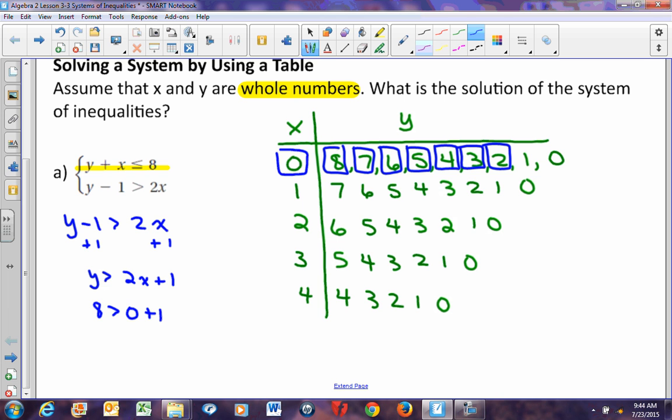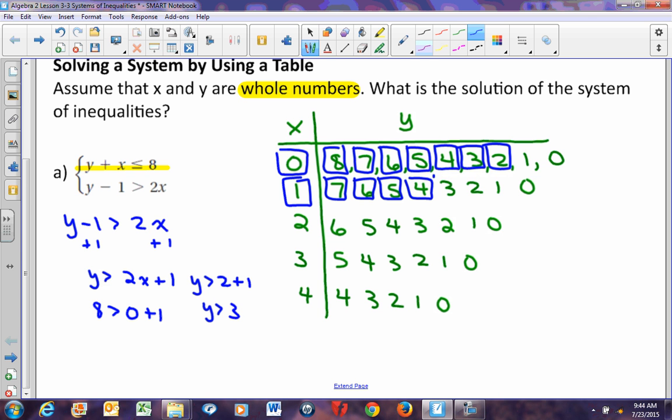If I use x equaling 1, I'm going to have y is greater than 2 times 1, which is 2 plus 1, so y is greater than 3. So all the numbers that are greater than 3, which in this case would be 4, 5, 6, and 7. So x equals 0, you get 2, 3, 4, 5, 6, 7, 8.